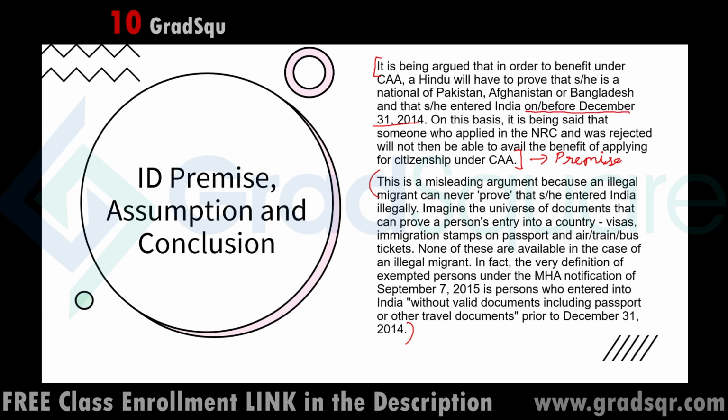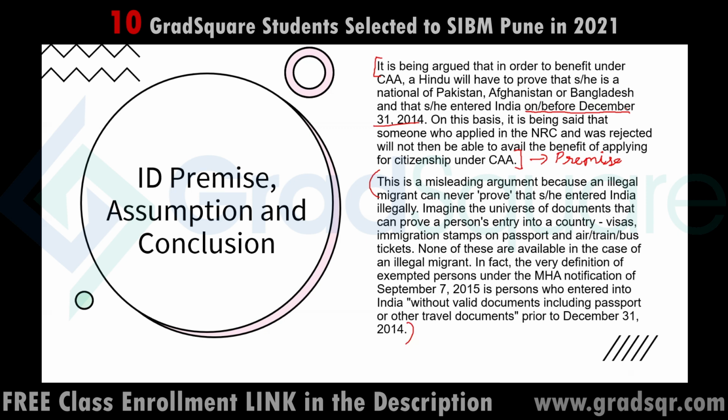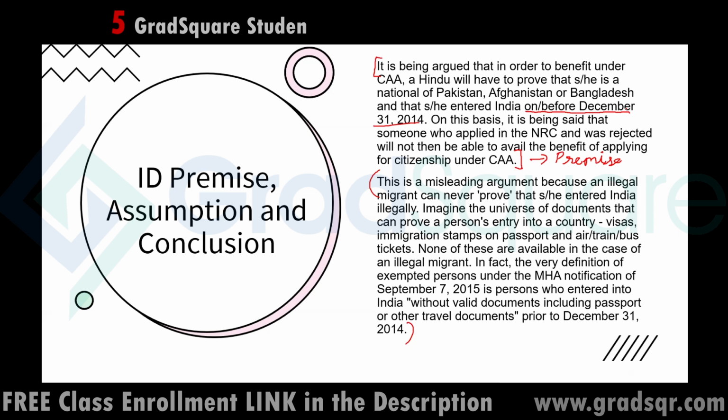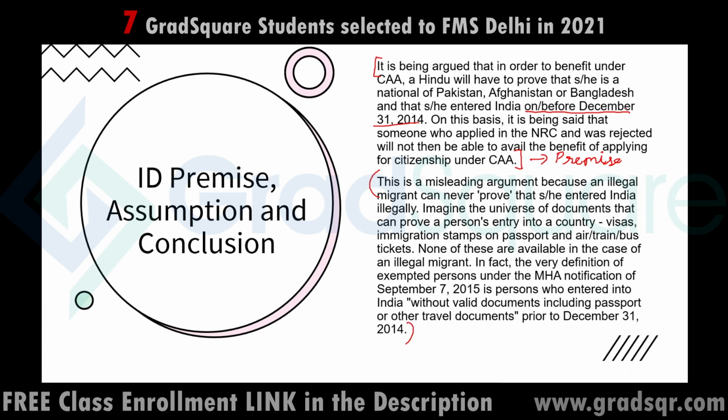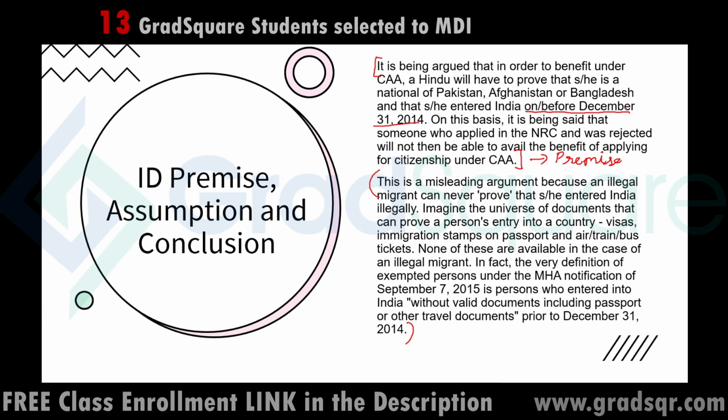The author says that there are no illegal documents that someone can present to prove that they have entered India on or before December 31st, 2015. There are, of course, a lot of documents to prove that someone has entered legally, like the passport. But if someone is entering illegally, they will not have any documentation, and hence they will fail to prove when they have entered India, and that's why this bill will not work. That is the conclusion of the author.